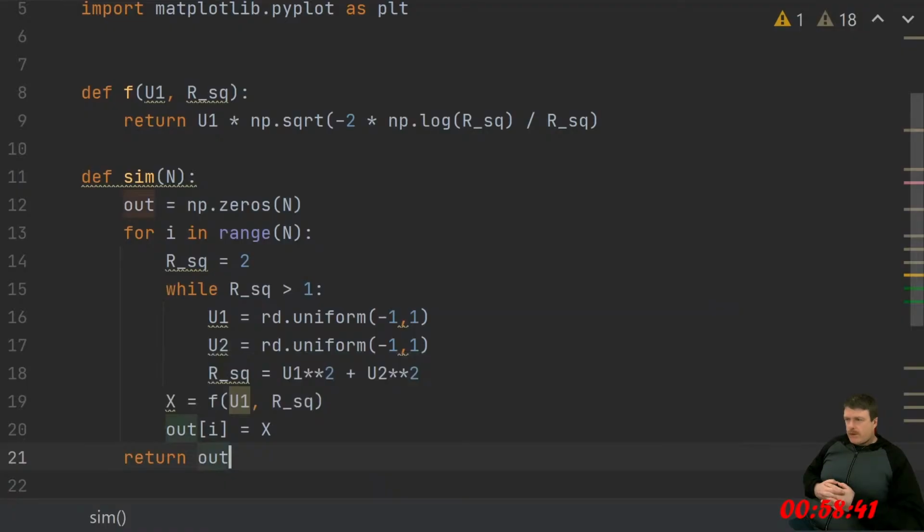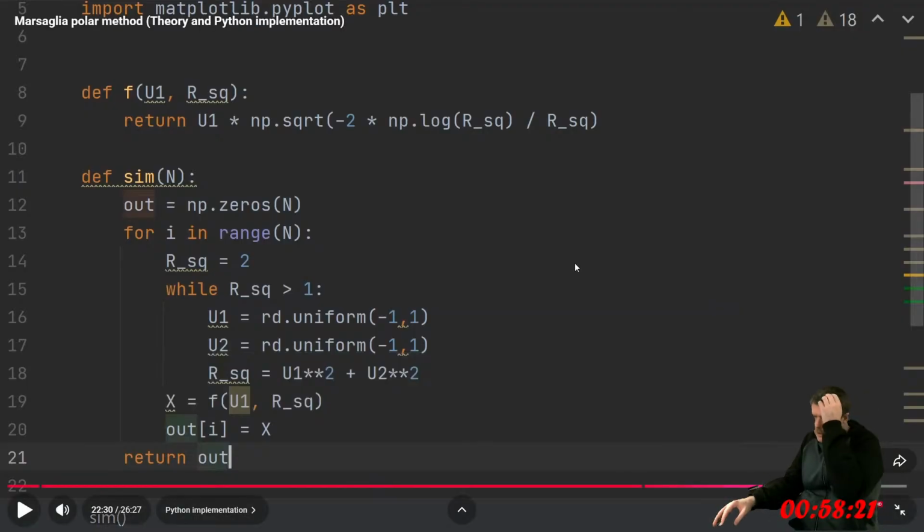I'm just really freaking confused. So is it saying that these are normal?